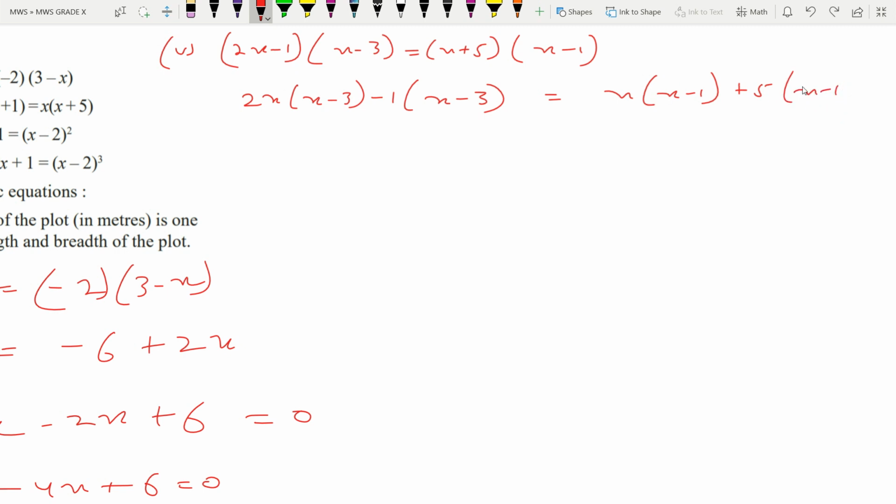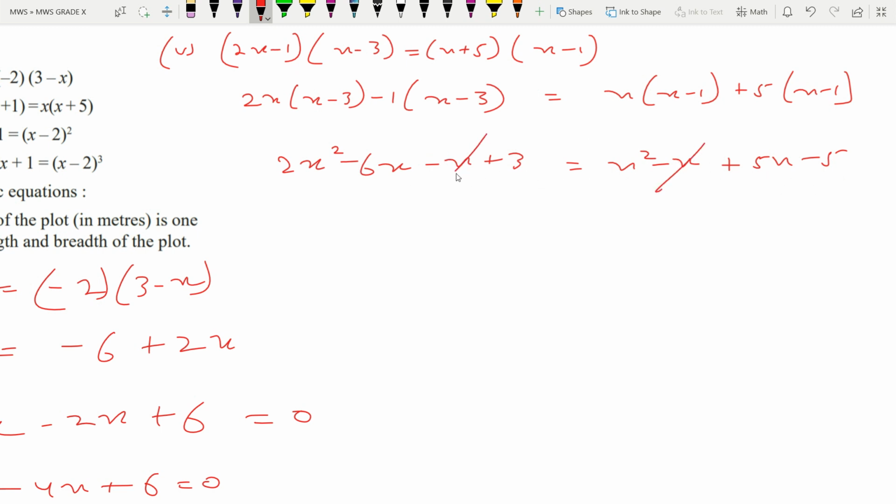So it is a normal multiplication that we have learned in grade 7th or 8th, how to multiply algebraic expressions. So in the same way, multiply it now: 2x square minus 6x, multiply with minus 1: minus x plus 3, as the sign will get changed. Yes, we have minus outside. Now x square minus x plus 5x minus 5. Now here bring all these things this side. Before that, just check if anything is the same on both sides.